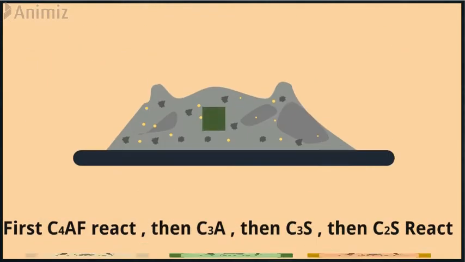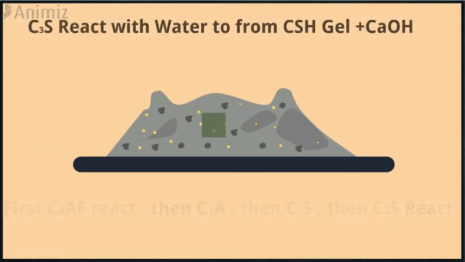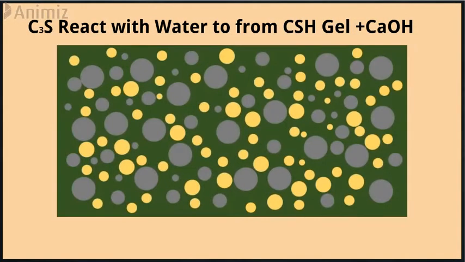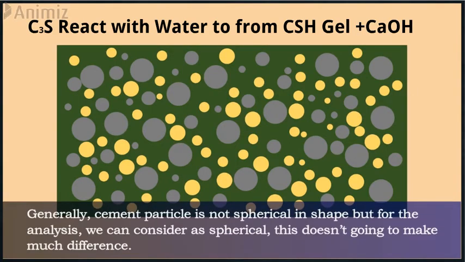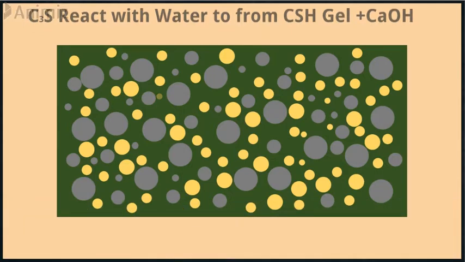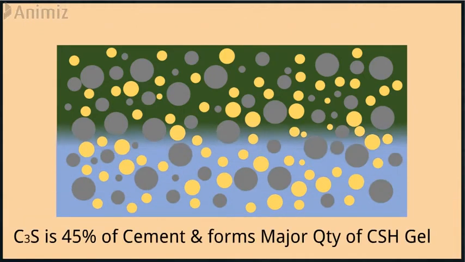The first is tricalcium silicate, that is C3S, which is nearly 45% of the cement. It reacts with water to form CSH gel. This CSH gel is responsible for the strength in the cement.